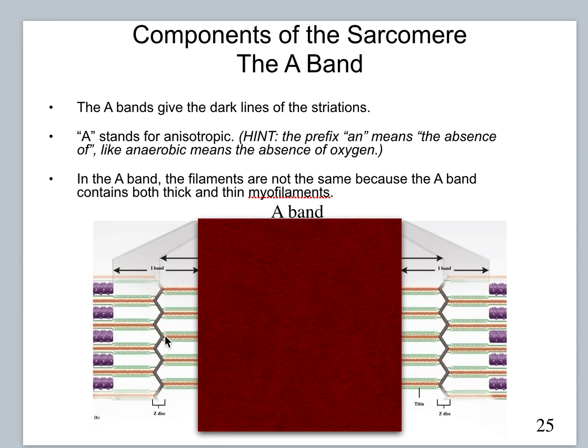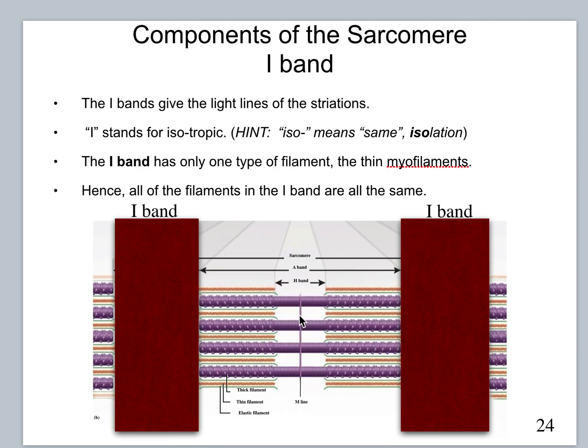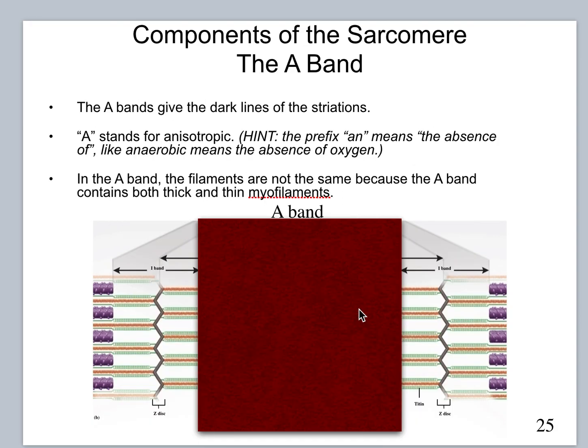That's I band. Now the middle band, the A band, covers the thick filaments, from one end of the thick filament to the other. It also has thick and thin filaments in it. See, the thin filaments are also part of the A band. That's because the A band stands for anisotropic.